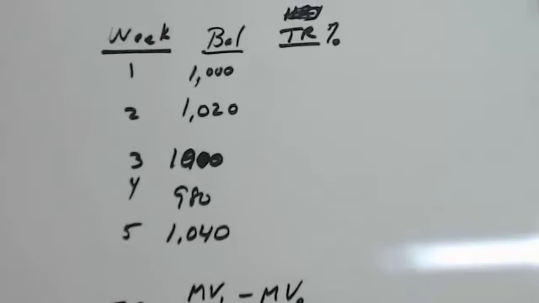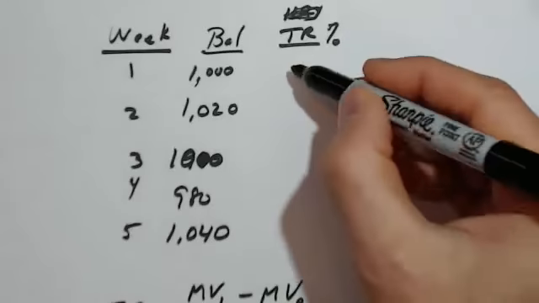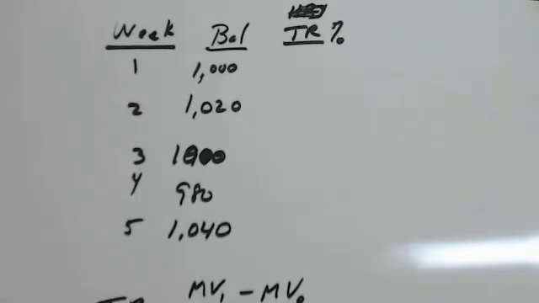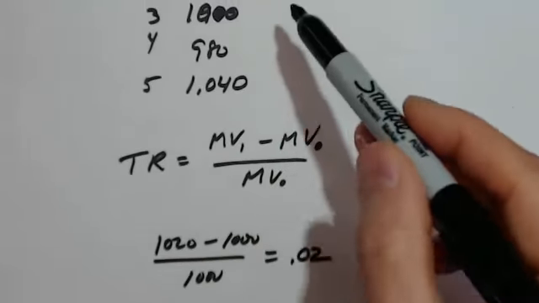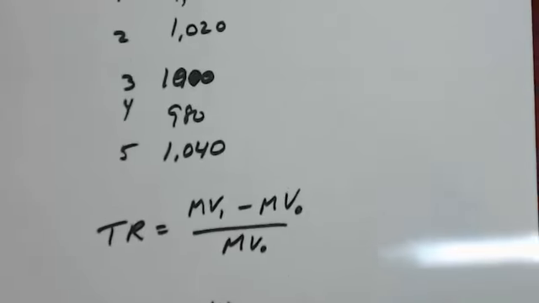So the first period will be 1,020,000 minus 1,000,000, divided by 1,000,000. That'll be 0.02, which is 2%. You can keep doing that each period.